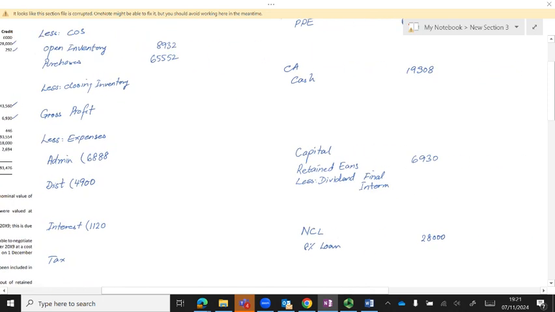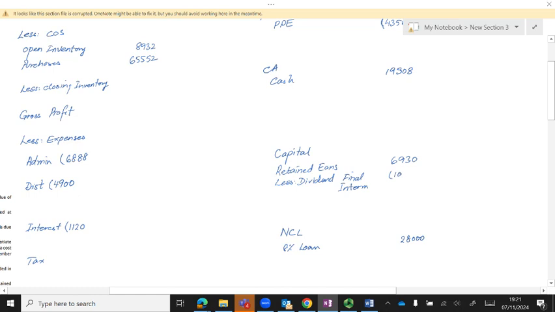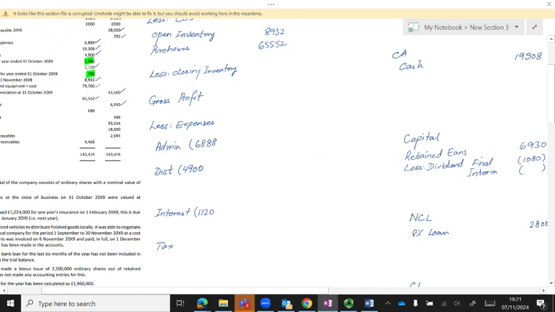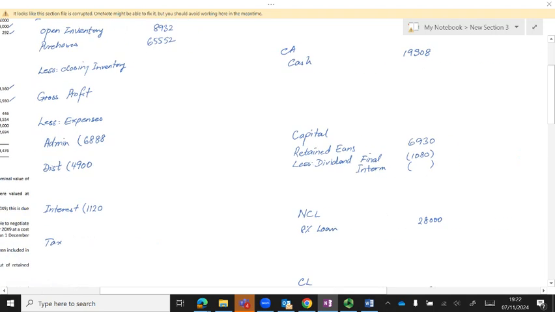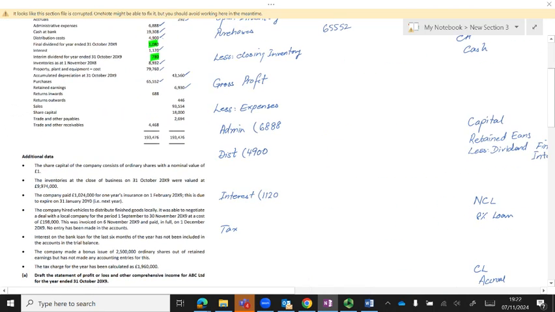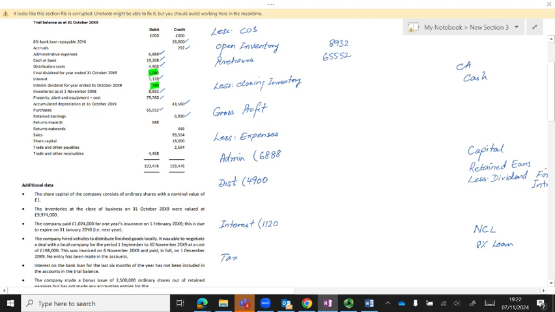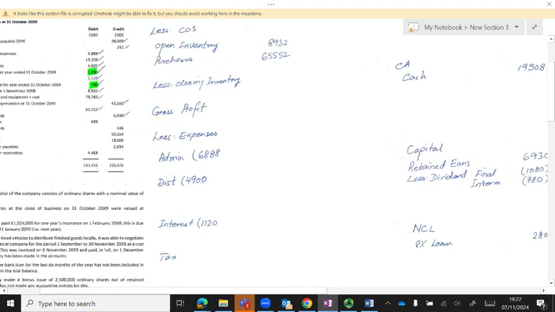The final was 1080 and the interim is 780. Now I have picked up these dividend figures and subtracted them from the retained earnings.